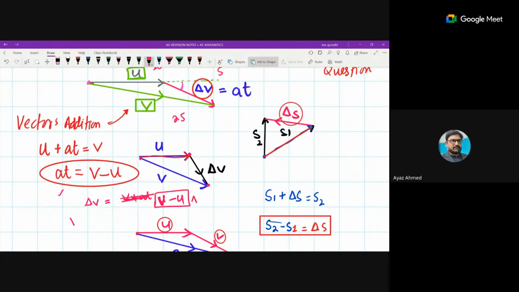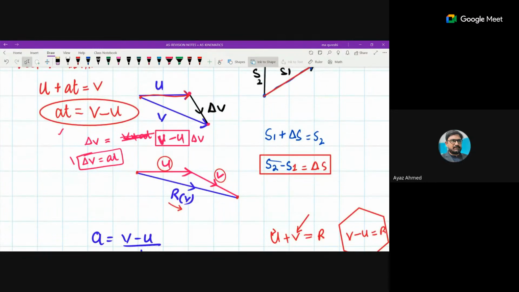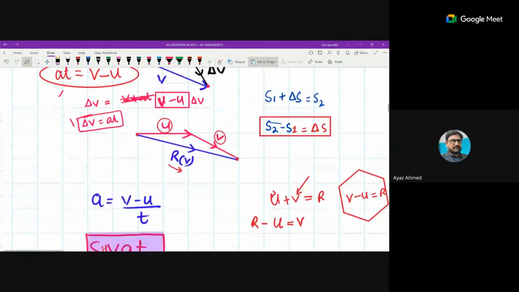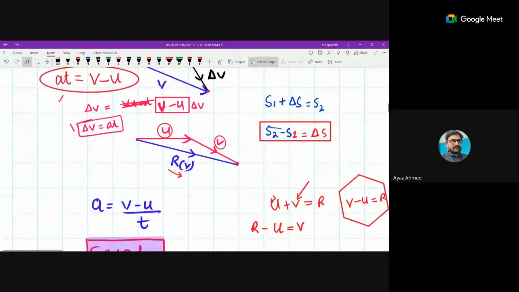Isn't it the change in velocity? So delta v is equal to the change in velocity. We have learned that it is equal to at. Got it? Sometimes you are asked about this. Then secondly, I have explained it in detail, so no worries at all.